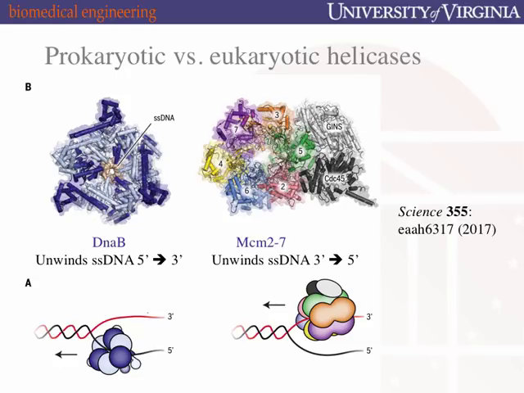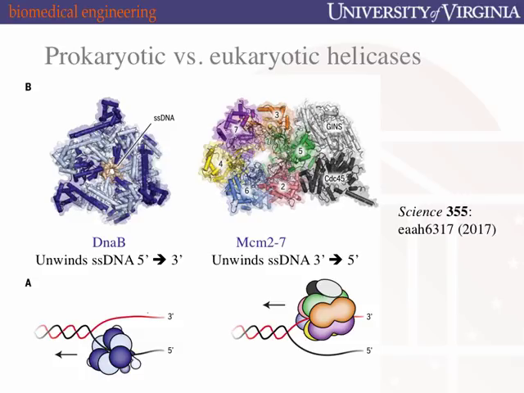Structurally, they're very different from one another. And even beyond that, they work on opposite sides of the track. So DNA B does its unwinding by assembling its complex on the strand that moves in the 5' to 3' direction. So it's unwinding by binding to the one strand and then moving, as shown on this schematic.